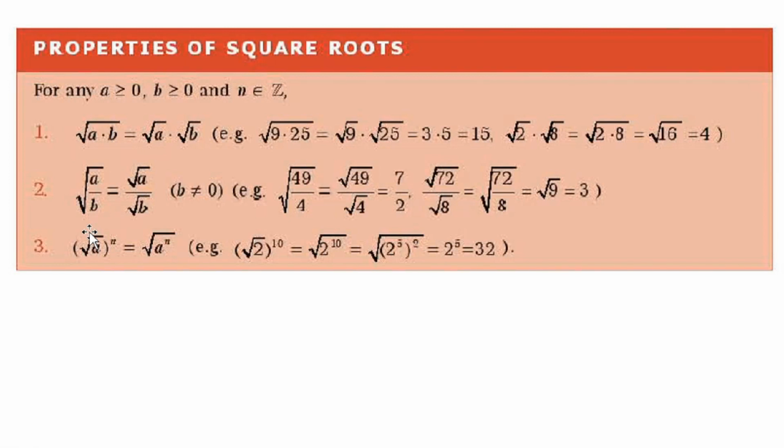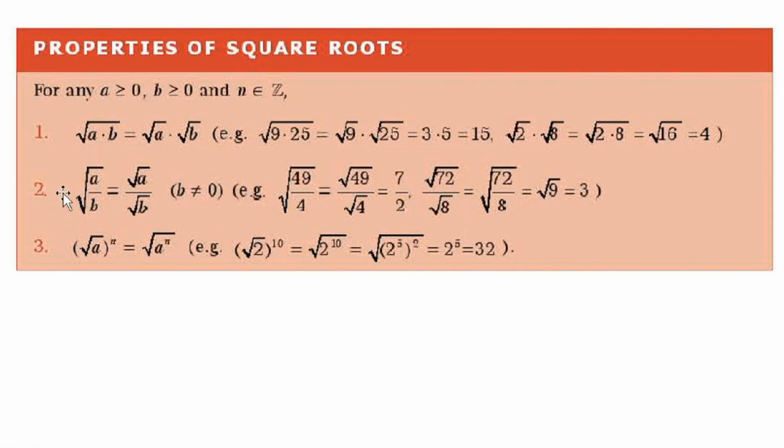Now, property number 2, the square root of a over b. In this case, we are going to separate the numerator and denominator with the radical sign. The numerator can be written as the square root of a, and the denominator is the square root of b. Take note, b is not equal to 0, or else it becomes undefined.